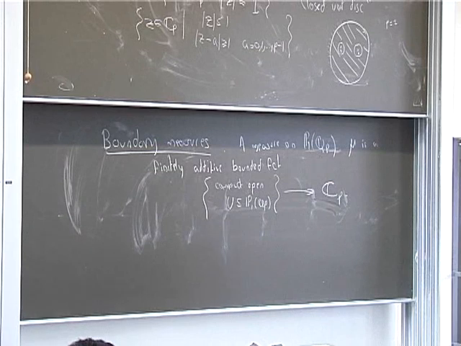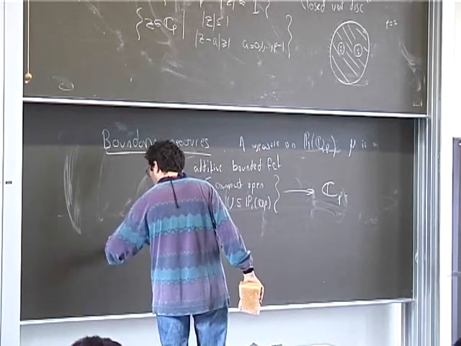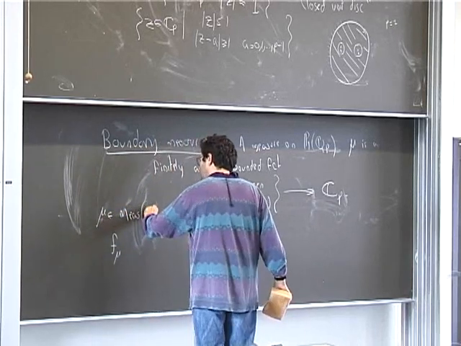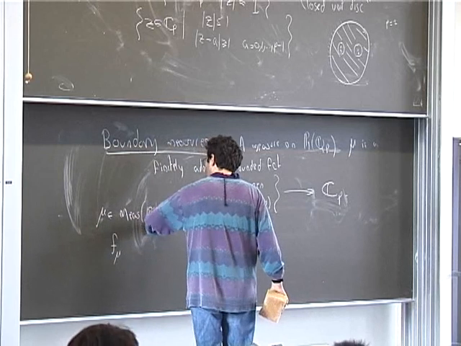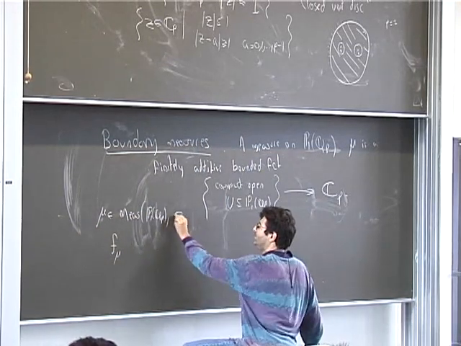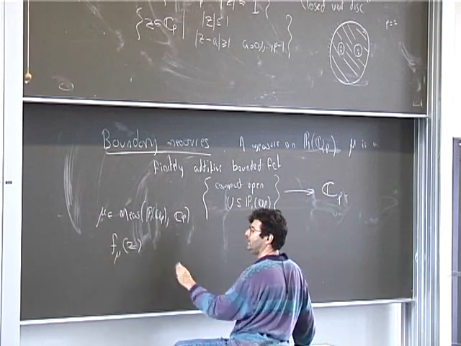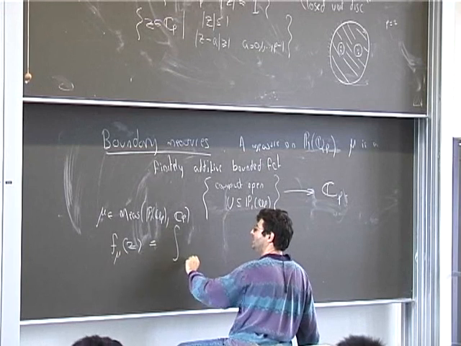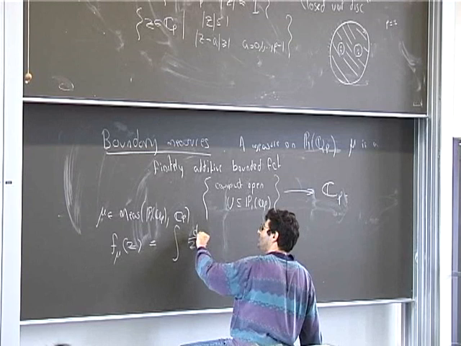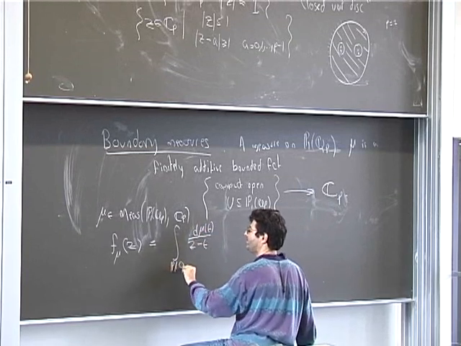That's a measure. And given mu, an element in the space of measures on P1(Qp) with values in Cp, you can consider the function on HP defined by integrating the kernel 1 over z minus t against the measure d mu of t on P1(Qp).